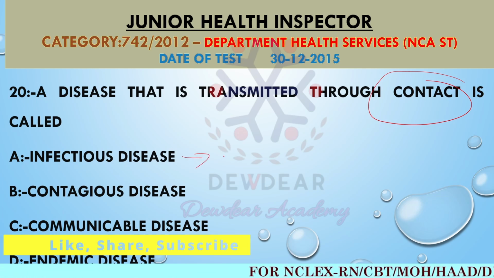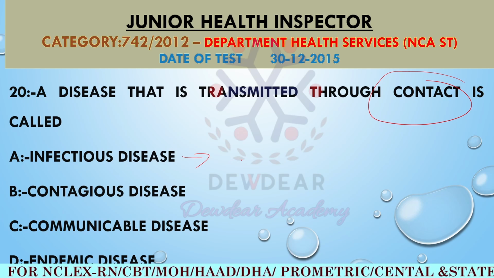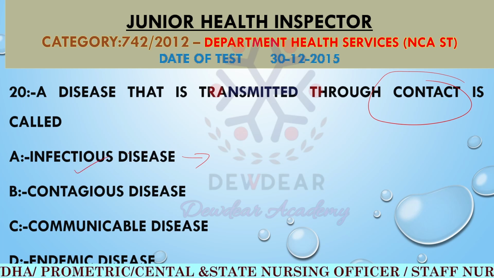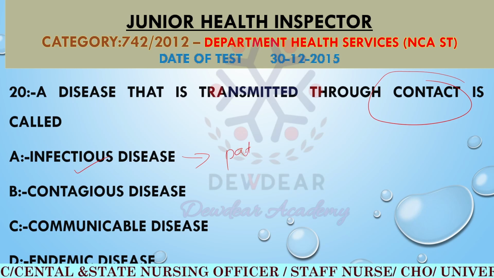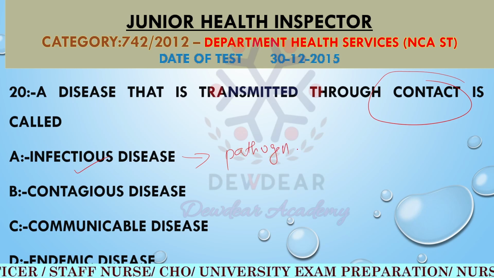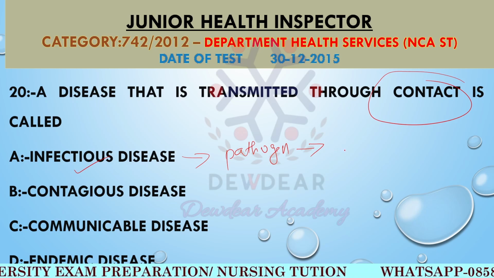First is the infectious disease. These are the diseases that are caused by pathogens. The term infectious means they are caused by pathogens, which can be bacteria, viruses, fungi or parasites. So these diseases can spread, but not necessarily through direct contact.